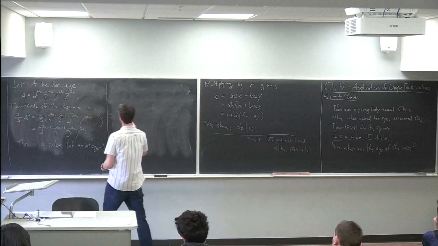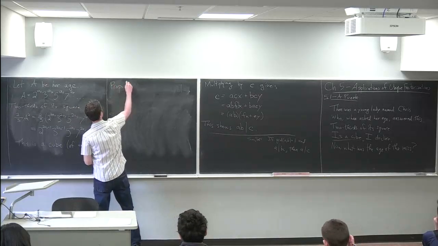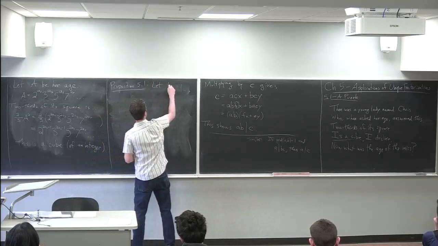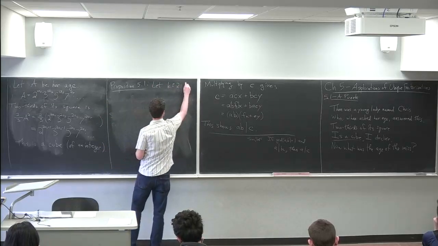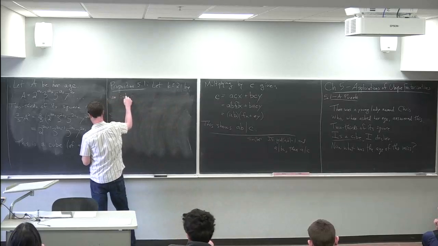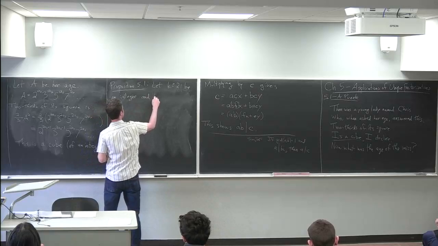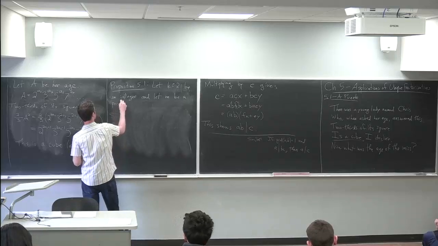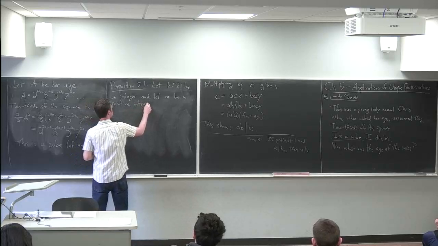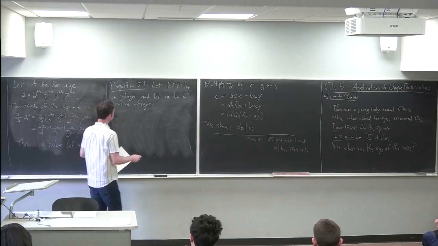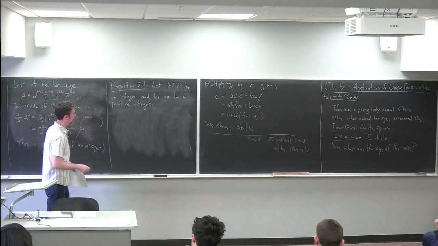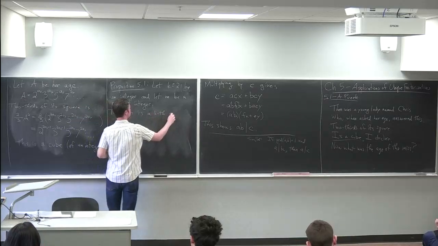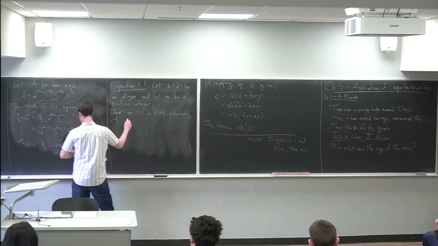So let's just state this fact. Proposition 5.1 says, suppose k at least 2 is an integer, and let m be a positive integer. How do you know if m is a perfect kth power, a kth power of an integer?